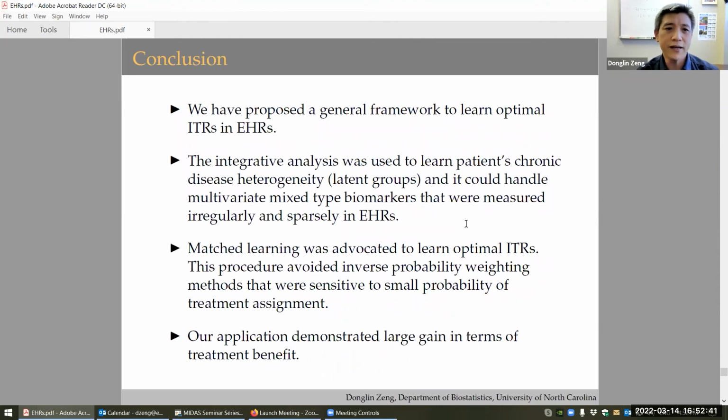Okay, finally, some conclusions. We propose this general framework to learn the optimal ITR, and our framework combines the advantages of statistical modeling, which can learn the latent data mechanism and is useful for handling very complex data, missing data, measurement error, informative missingness, and different types of data.